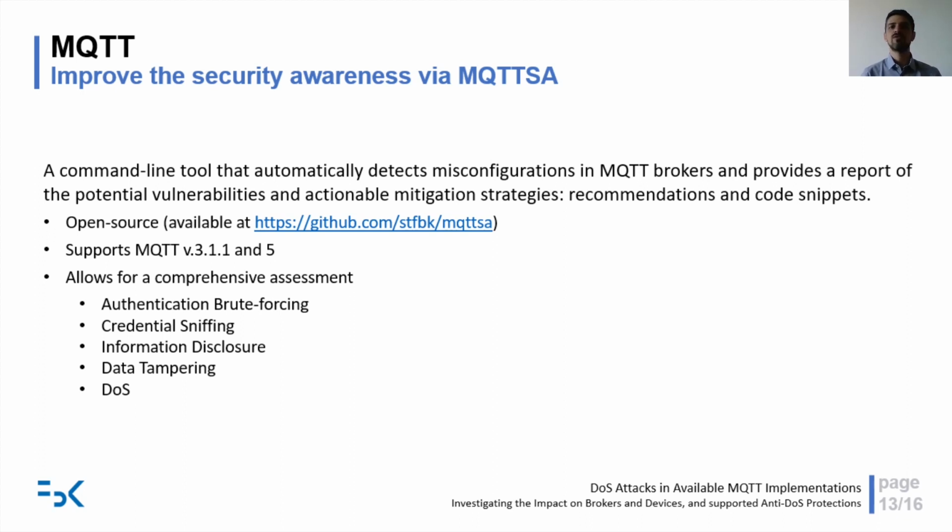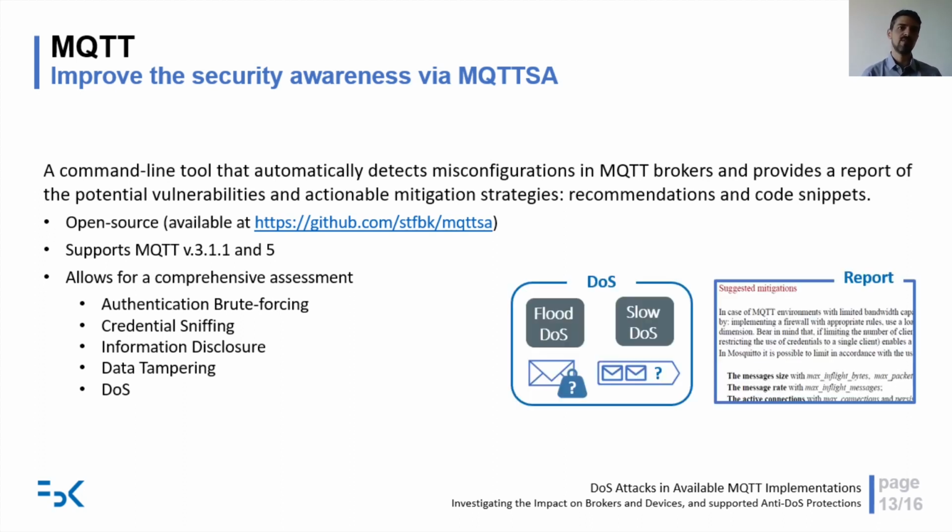The tool allows for a comprehensive assessment with different tests for different possible vulnerabilities. In the context of this work, we enhanced the DoS component with 2 additional tests that detect the maximum message and queue size and would allow the attack reported in this work. We also improved the suggestions for developers in the report to include, in case it detects one of the 3 brokers, the specific set of anti-DoS parameters.